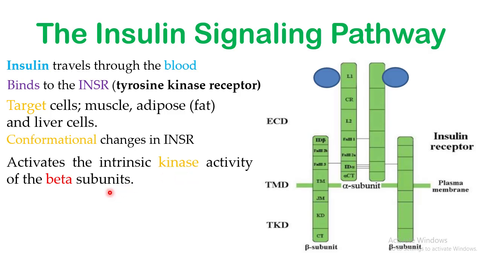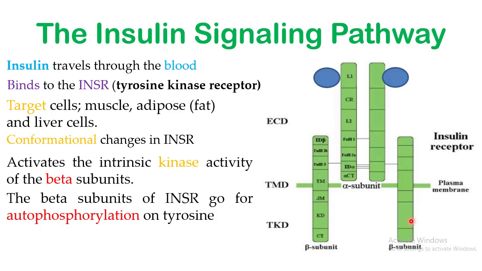If you remember, in my last video I told you that the beta subunits have the tyrosine kinase domain and the tyrosine kinase activity. So it is this beta subunit which is going to add the phosphate group to the tyrosine. So the insulin binds, the conformational changes take place, and those conformational changes are responsible for the activation of the tyrosine kinase activity of the beta subunits.